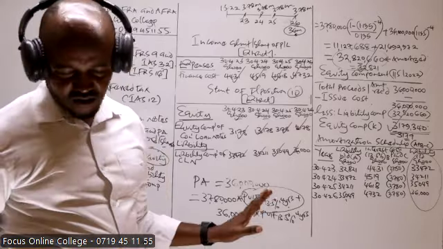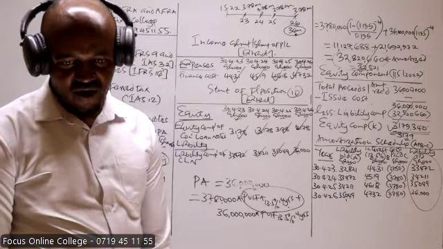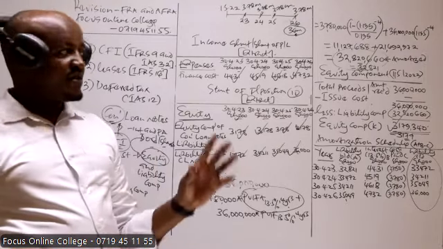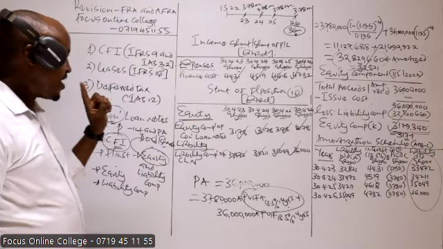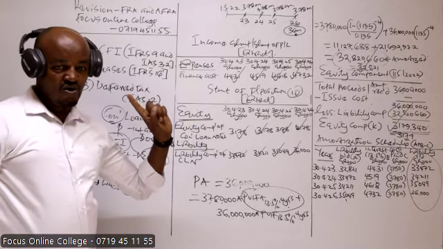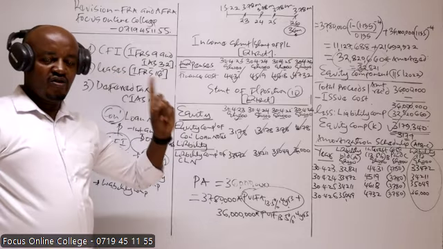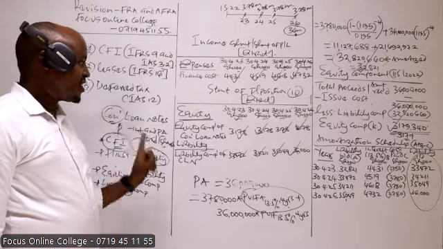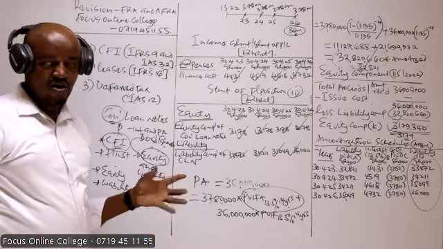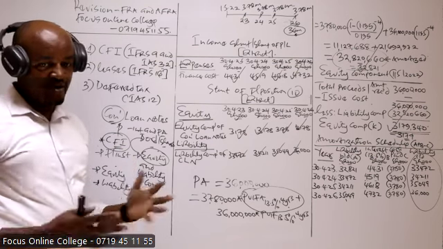So if you come across that question in an examination, make sure you get all the marks. What you must be very keen on is the word convertible. If you're told the company issued convertible debentures, convertible bonds, convertible loan notes, or even convertible loan stock, then you need to remember very fast that that is a compound financial instrument.